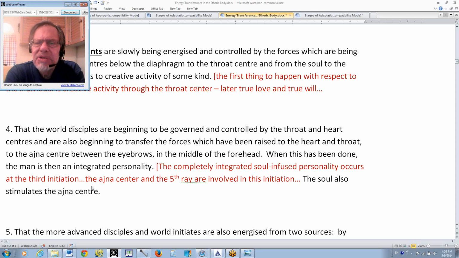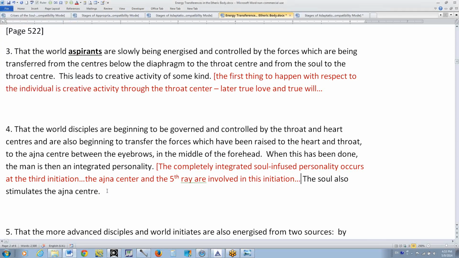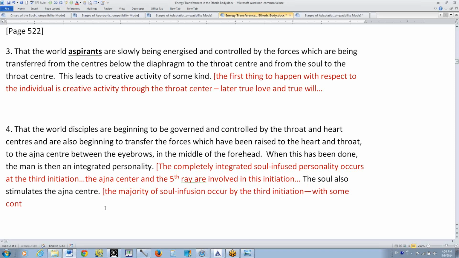So I think we're in the process of soul infusion. Let's just say the majority of soul infusion occurs by the third initiation, with some continuation up to the fourth degree.